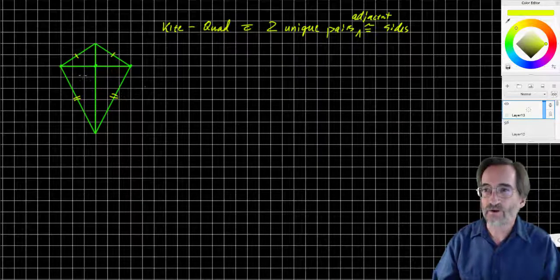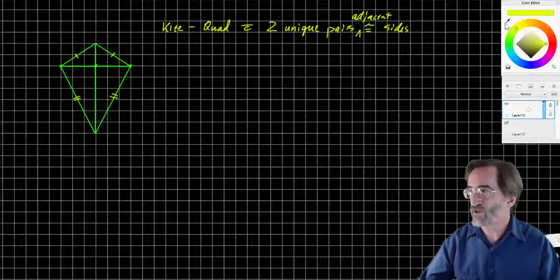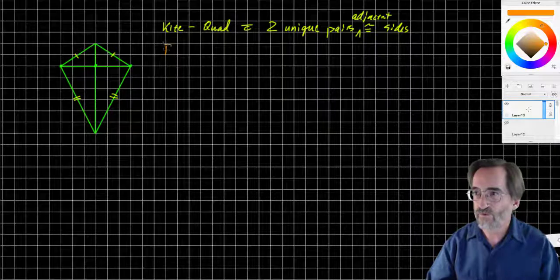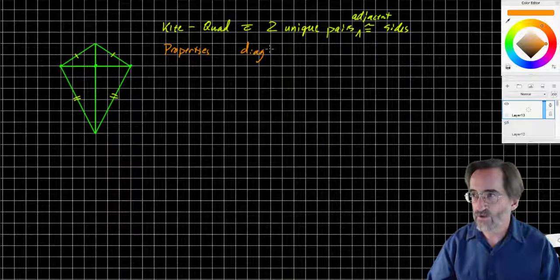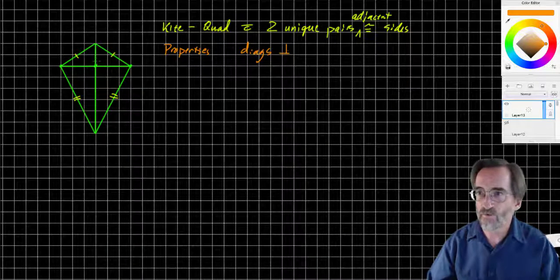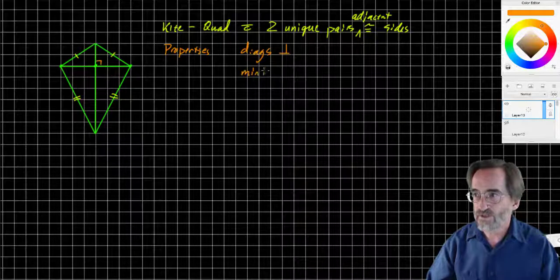That said, there are some properties that are also true, and we've kind of hinted at them already. The diagonals are perpendicular. They form a right angle. The minor axis is split in two, cut in half.